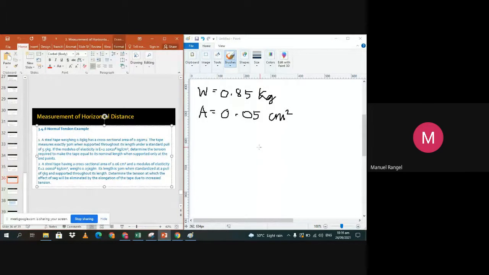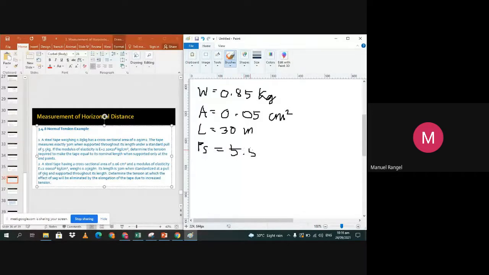So given ang iyang length, that is 30 meters. Standard pull, so standard PS is 5.5 kilogram.